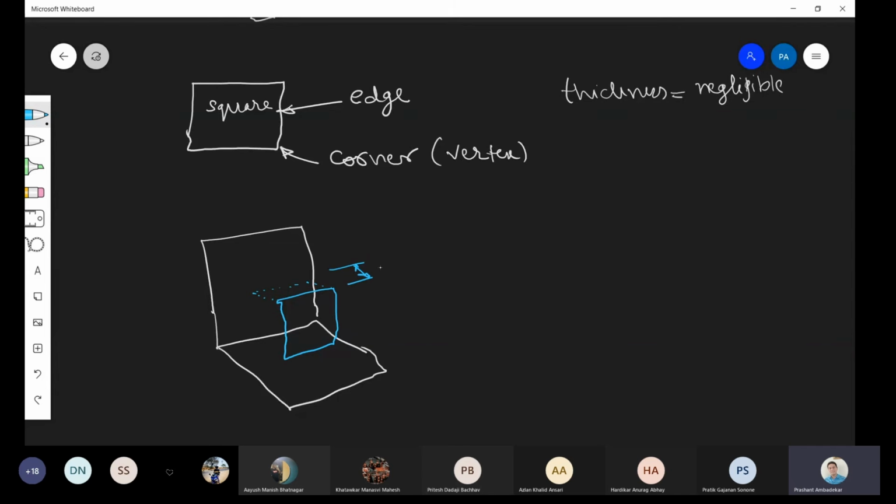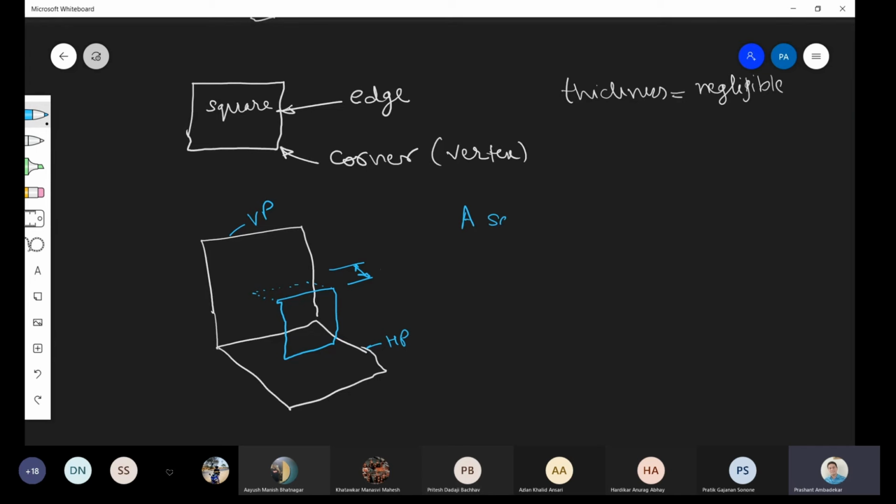Okay, this is the distance from the VP, not from the HP. Now, if this plane is a square, held like this, how will you define this plane? I want to formulate a question for this. This is the answer. So, can anyone tell me how will you define the position of this plane?